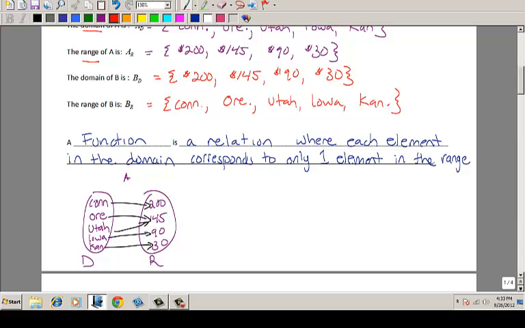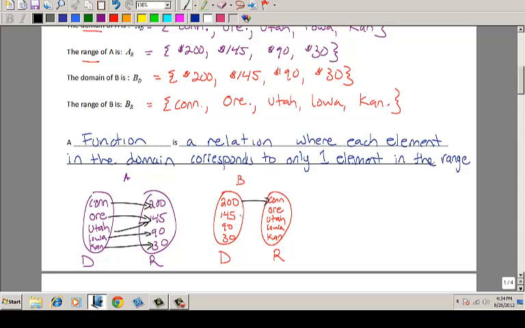Let's look at relation B. Same thing, two circles, one with a domain and one with a range. Recall the domain for relation B is $200, $145, $90, and $30, and the range for relation B is Connecticut, Oregon, Utah, Iowa, and Kansas. $200 mapped to Connecticut.